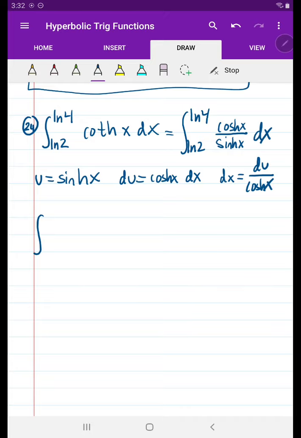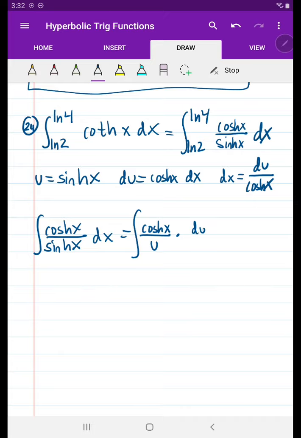So then that would mean that the integral of cosh x over sinh x dx is going to turn into the integral of cosh x over u times, I'm going to replace that dx with this du over cosh x right here.